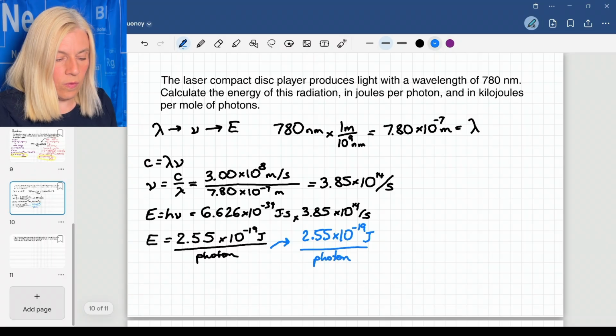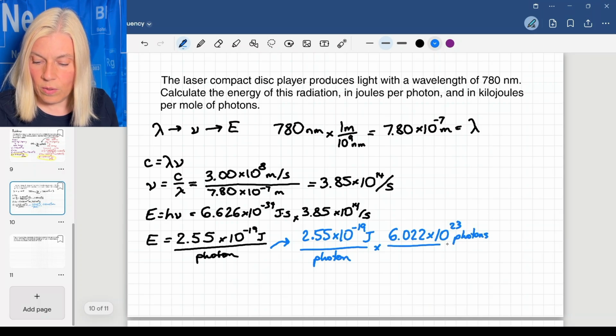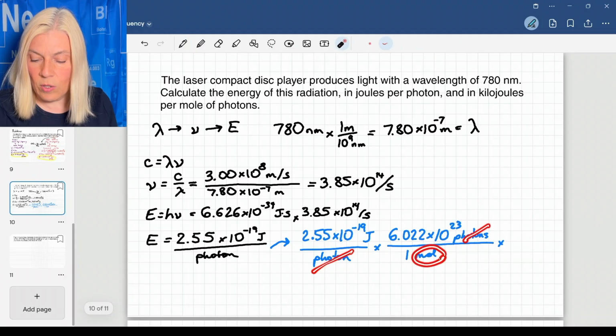What's the definition of a mole? Well, it has to be 6.022 times 10 to the 23 photons per 1 mole. Yes? Now, my photons cancel out. I'm going to have moles, but this is joules per mole.